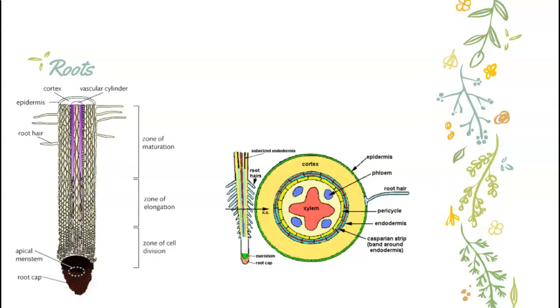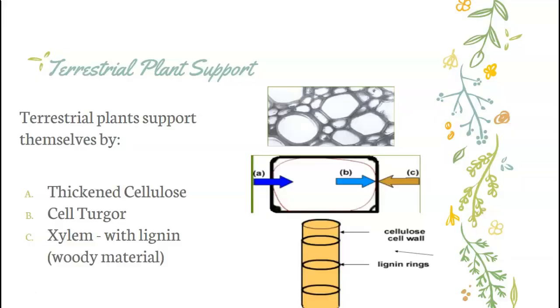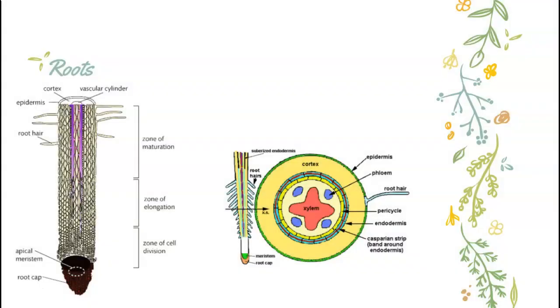All right, now our very last bit, we're talking about roots. Again, these are just images to kind of help guide your imagery when we're talking about this stuff. I'm sure you've seen roots before, but maybe not with this much detail. For the roots, all I really want you to know at this point is about root hairs, which increase surface area.